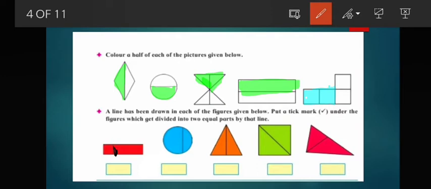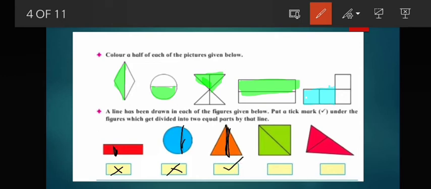You can see a black line over here. Is this dividing the rectangle into equal parts? No. So this is not dividing. Then this line in the circle, is it dividing the circle into equal parts? No. So it is not dividing. Then this triangle, yes, it is dividing the triangle into equal parts.